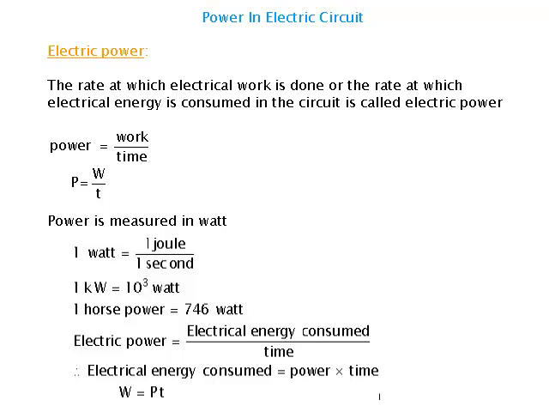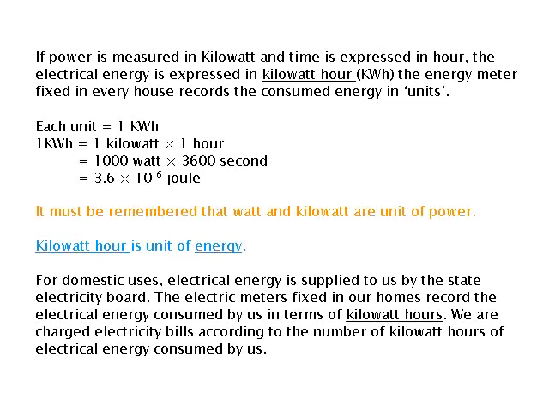Thus, electrical energy consumed is equal to power into time. Therefore, W is equal to P into t. If power is measured in kilowatt and time is expressed in hour, the electrical energy is expressed in kilowatt hour, kWh.